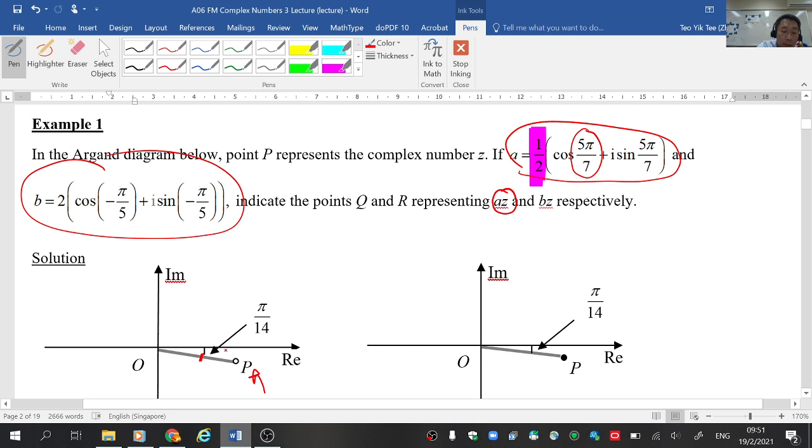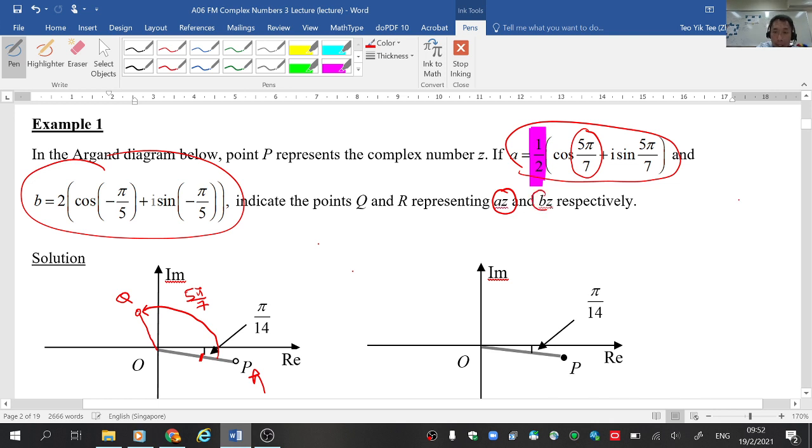So from the original π/4, I need to turn 5π/7 over here, and this will be your eventual outcome. When you draw your complex number, what you must watch out for is that the length of OQ is half the length of OP, and then this eventual angle is π/4 minus 5π/7.